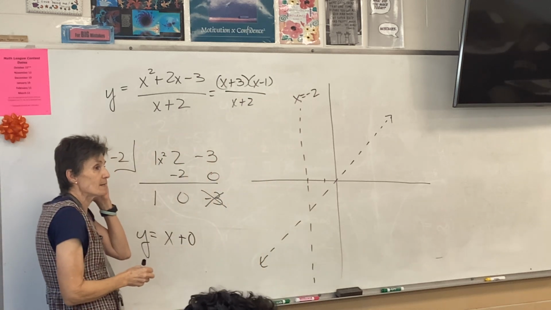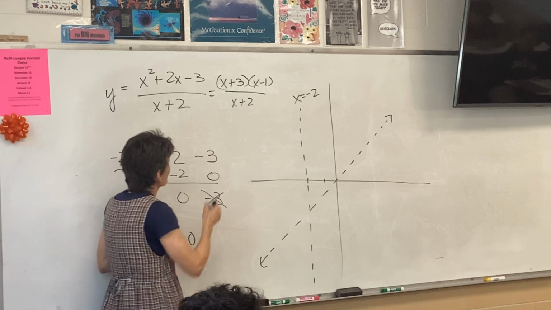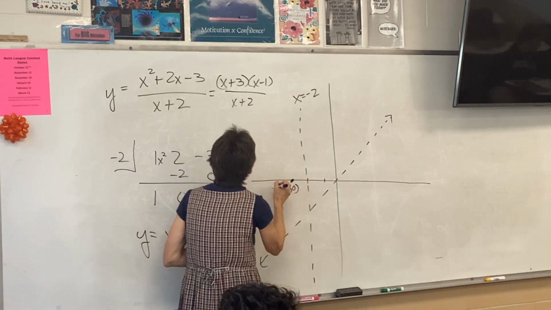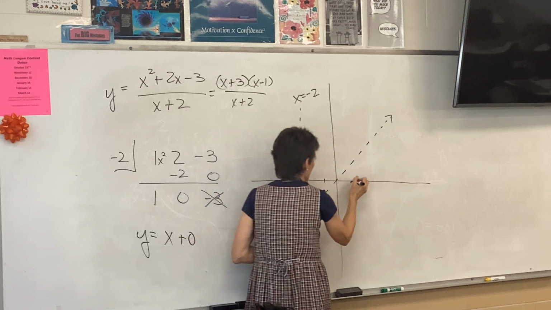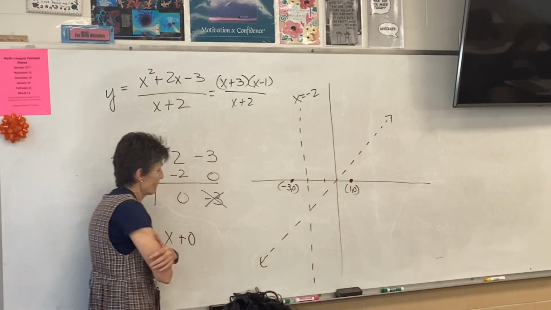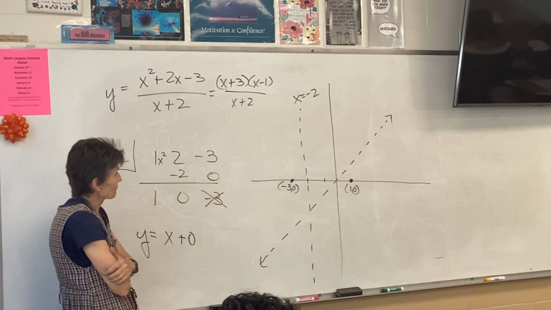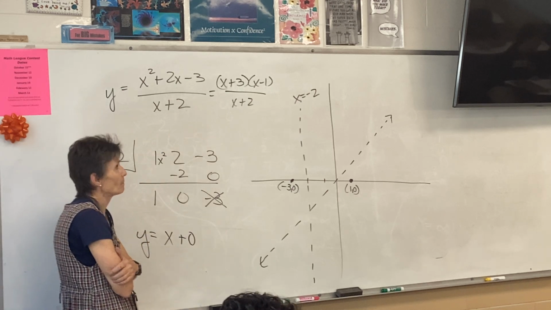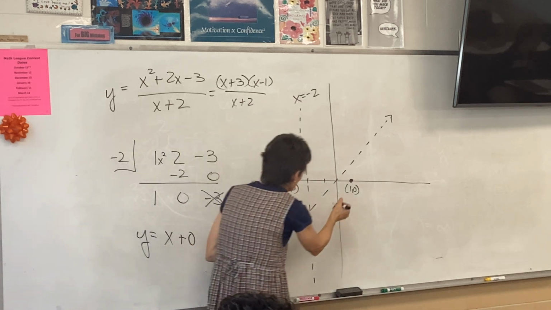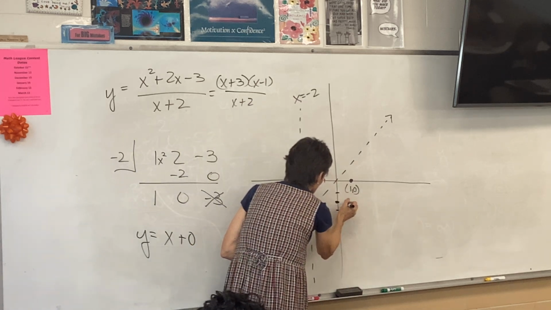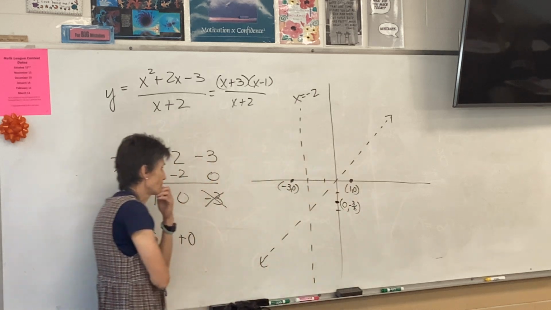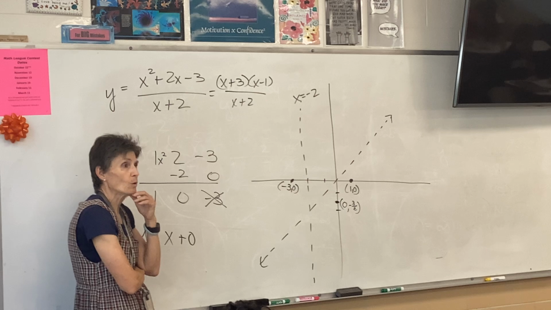Which means we have x intercepts at -3 and +1. How about a y-intercept? What is my y-intercept? -3/2. And we don't have any holes?